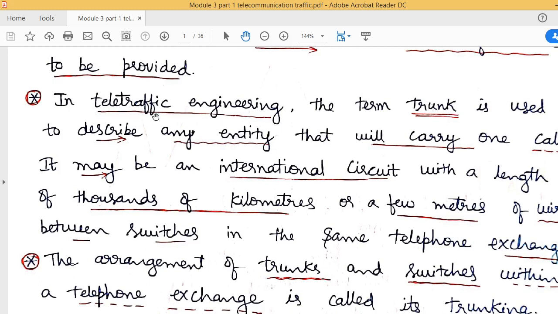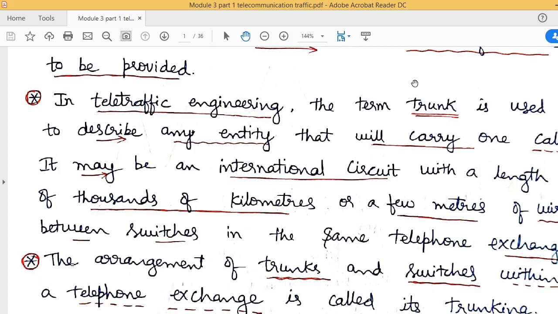So when we are dealing with teletraffic engineering, the term trunk is used many times, and this describes any entity that will carry one call. It may be an international circuit.